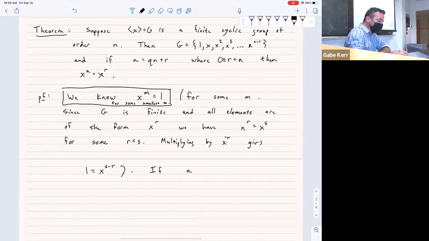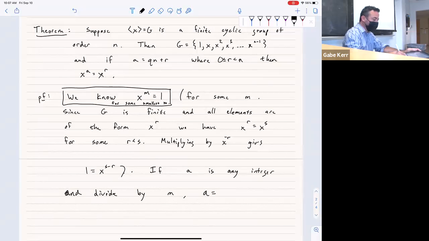So let's say a is any integer, and divide by m. Again, we use the division algorithm, just elementary school division. We have a equals a quotient q times m plus a remainder r. Now r is less than m and greater than or equal to 0.